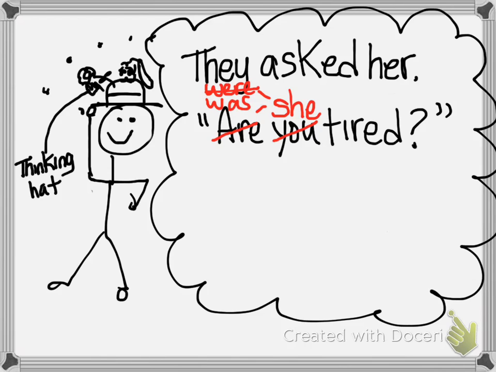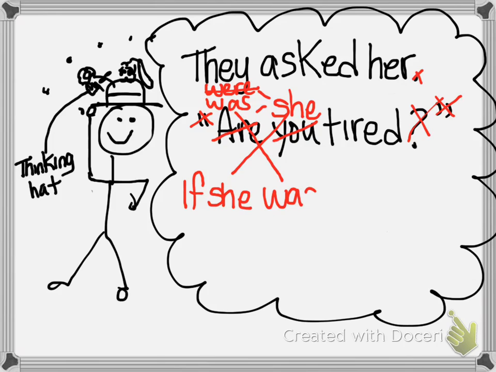Now that we've taken care of our changes, let's start putting it in the correct order. Let's get rid of our comma, our quotation marks, our question mark. And if we remember correctly, our sentence started with if. And then we had a subject. And then we had a verb. And then the rest of our sentence. So if you see here, the pattern is repeating.